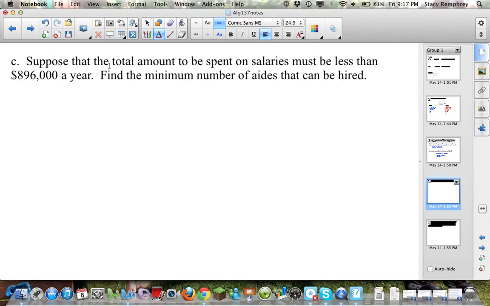Now, suppose that the amount to be spent on salaries must be less than $896,000. Find the minimum number of aides that can be hired. There are 2 restrictions put on you. First of all, you do have to have 50 faculty members, teachers and aides, to open the school. Then, we know we have to pay each teacher $20,000 and each aide $12,000.